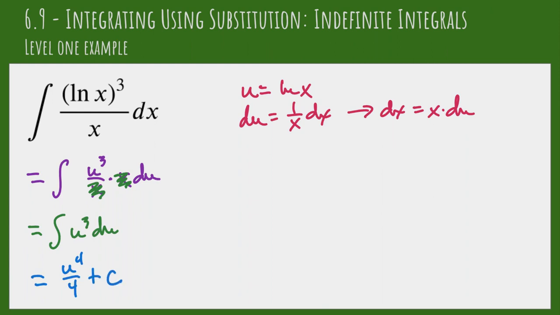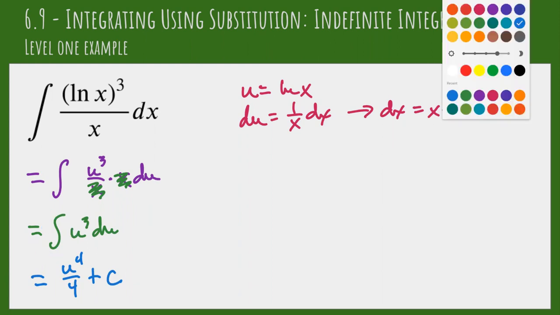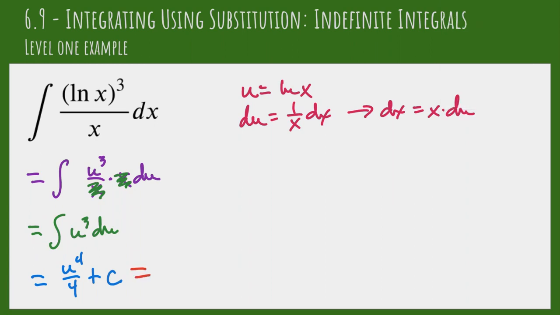So when we take the antiderivative, we lose the integral symbol, we get the plus c. And then the last thing we need to do is rewrite it back in terms of the original variable. So the natural log is going back where the u is. So we have the natural log of x to the fourth power over 4 plus c.